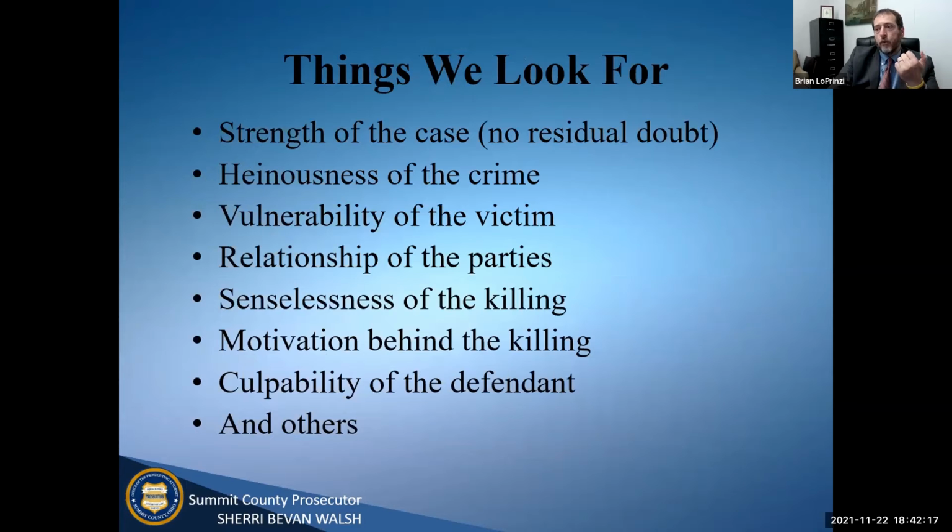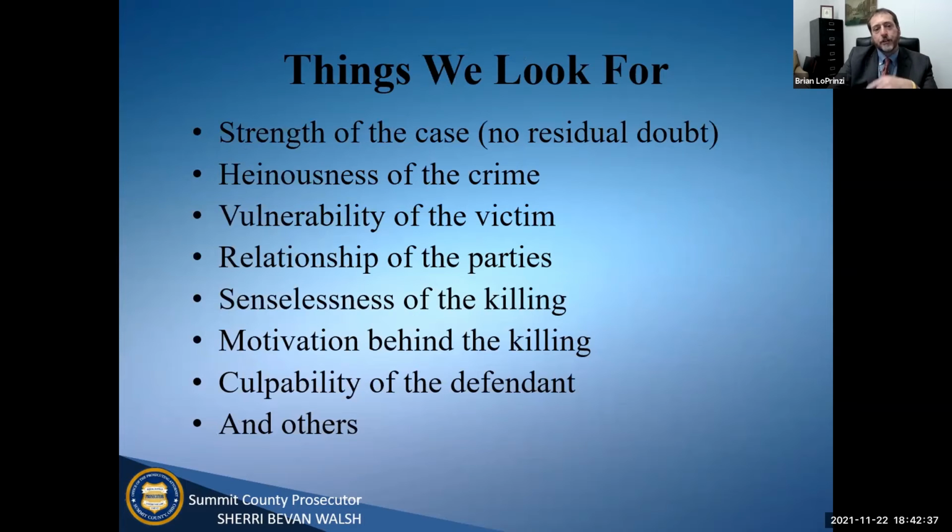In a death penalty case, if we're not extremely confident about the strength of our case, then we're not going to pursue a death sentence because we want to make sure there's no chance that an innocent person is put to death.